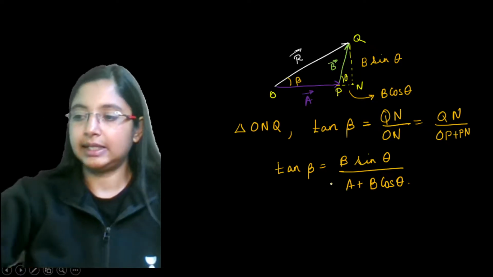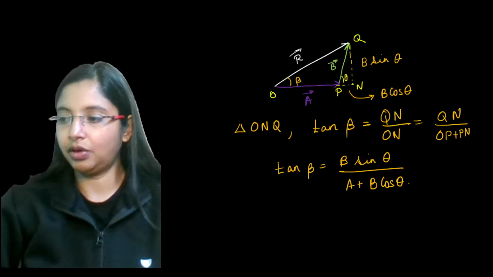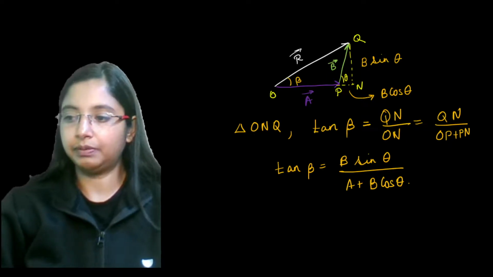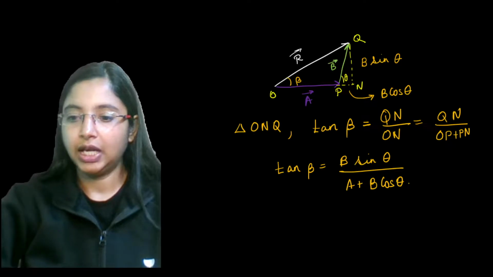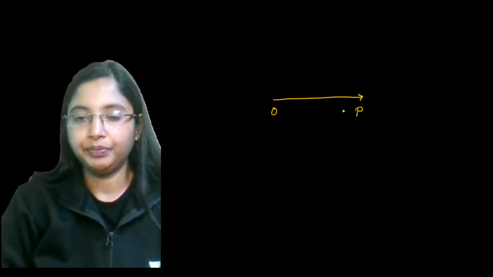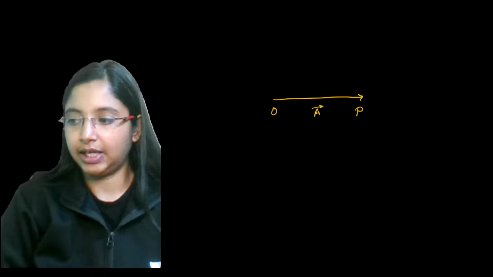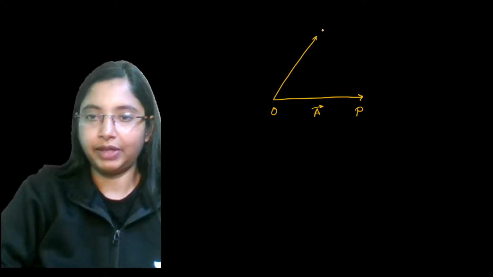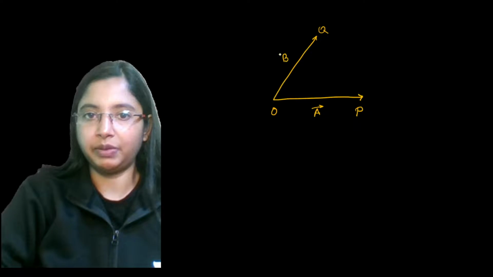Alright, so this is the resultant vector for the analytical method for vector addition when you're adding two vectors, in case of the triangle law. Now, if you want to do the analytical method for the parallelogram law of vectors, let's say there is a side OP, and this OP side is the A vector, and you have another vector, OQ, which is the B vector.